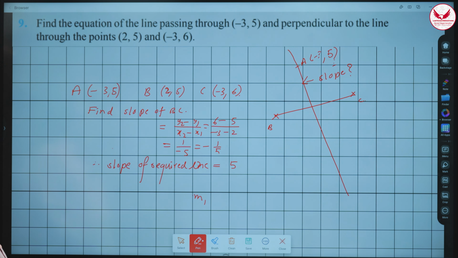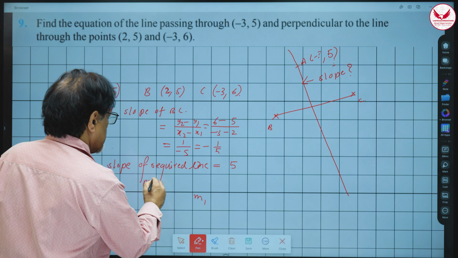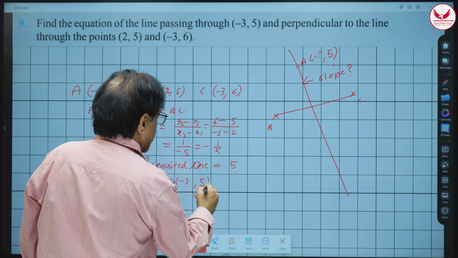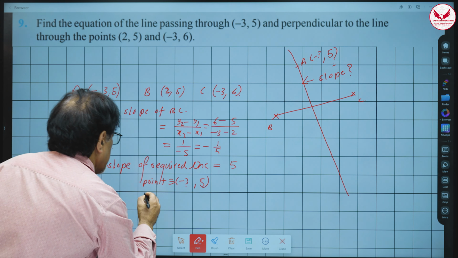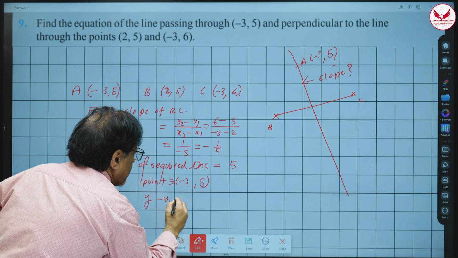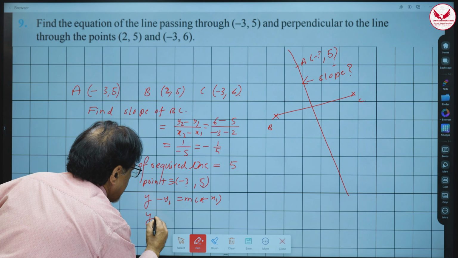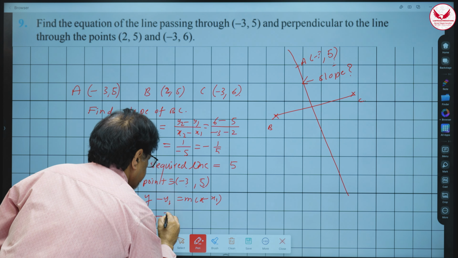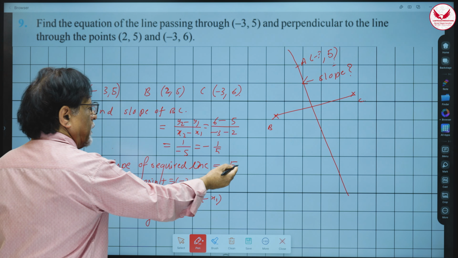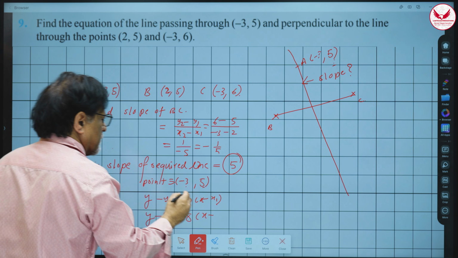So minus 1 will go, and the reciprocal of 1 upon 5 is 5. So the slope of the required line is 5, and the point has coordinates (-3, 5). Now we want to use again the formula y minus y1 is equal to m into x minus x1. y1 is 5, slope is 5, x1 is minus 3.